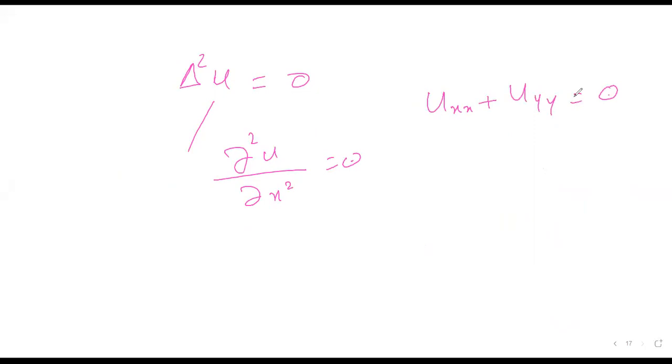You can find a solution for this 2D Laplace equation using separation of variables. So you just put this heading and find the answers in the books or in any way. That's all about today's class.